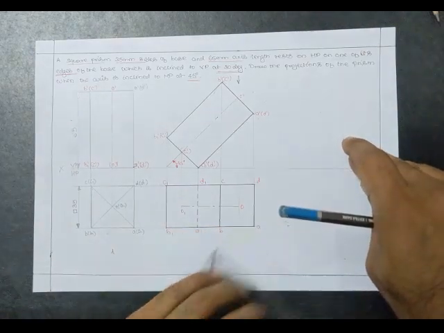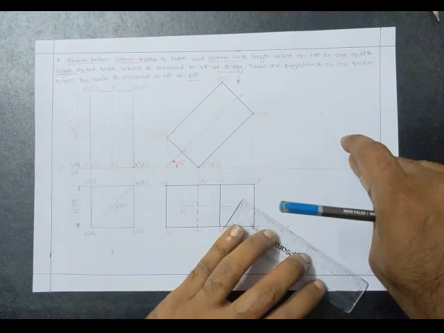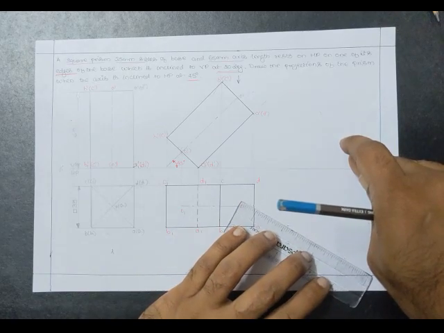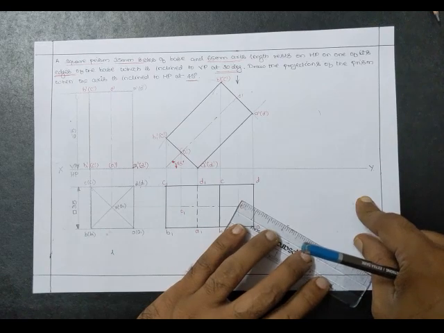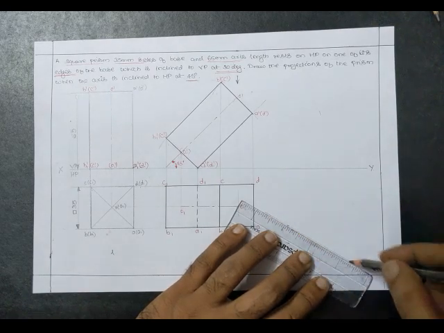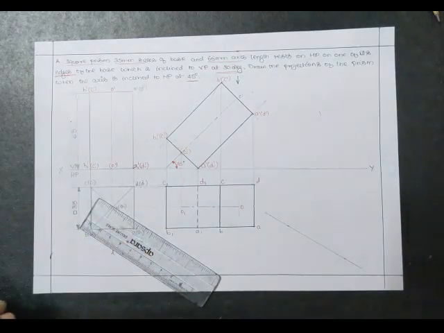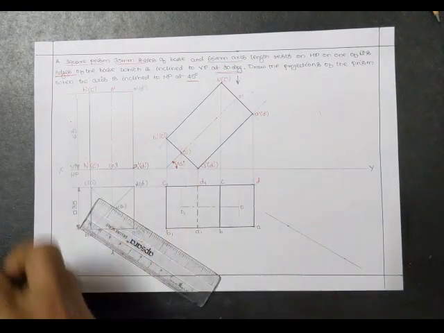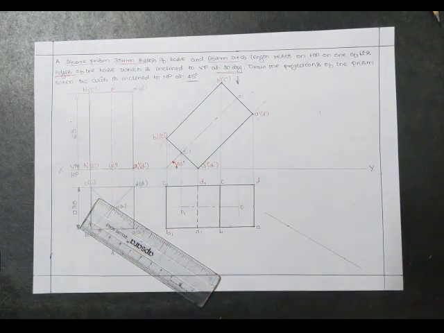First draw a line. This is a 30 degree line. I'm just constructing a 30 degree line with respect to the XY line. Now on this edge, I'm going to keep A1 and D1. Make sure the object which you are going to tilt does not cross the page.